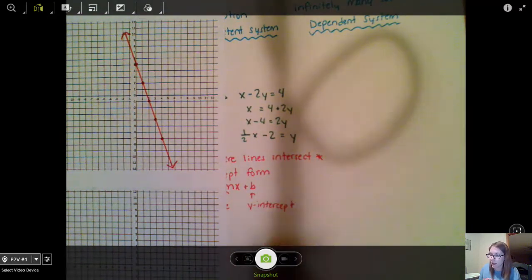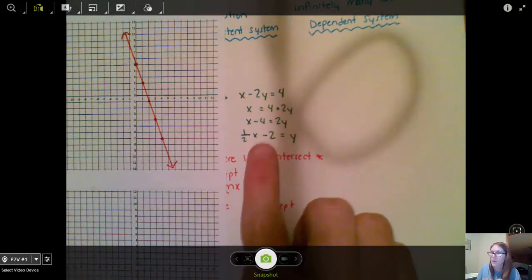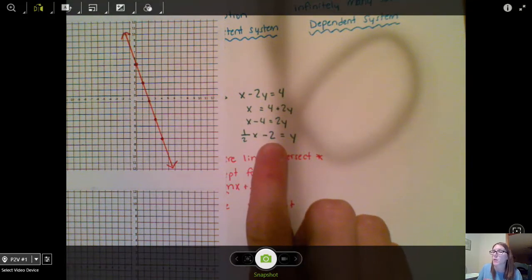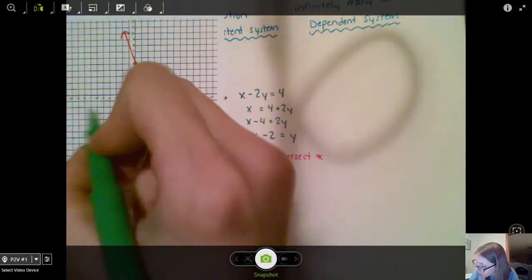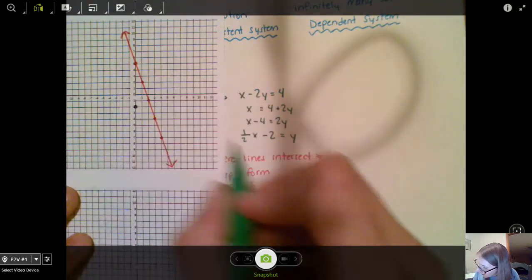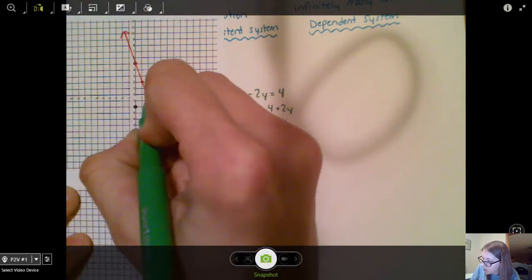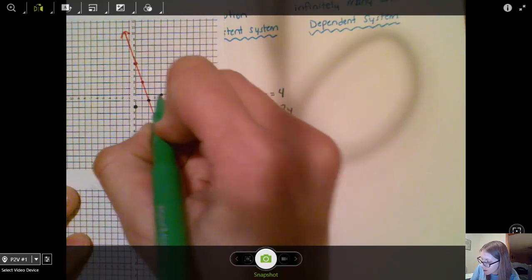And then we also have to graph the y equals 1/2 x minus 2. Be careful that that sign goes with the number, so our y-intercept is really -2. And our slope is 1/2, so up 1 over 2. Up 1 over 2.